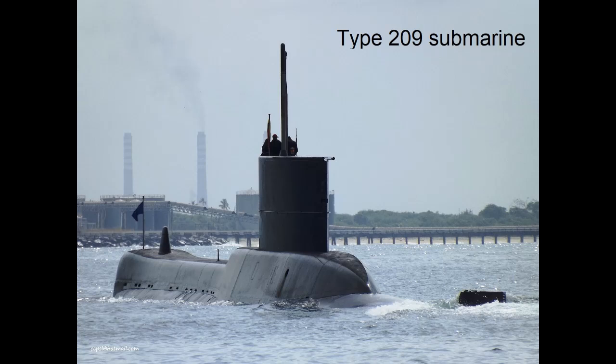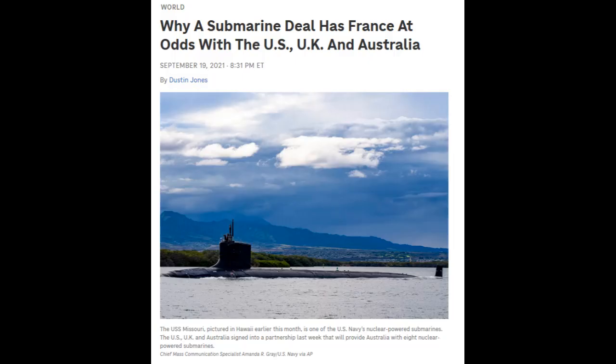But if the US thinks that it has a good reason and can gain influence by doing so, it will interfere. A good example would be the French Australian submarine deal, where the French wanted to sell Australia 12 conventional submarines because they thought, you have conventional submarines, you know how to maintain them.